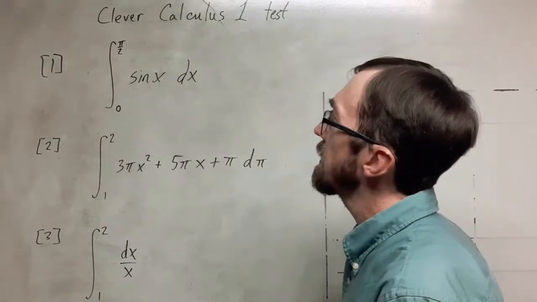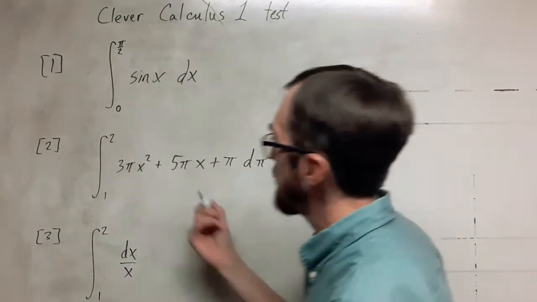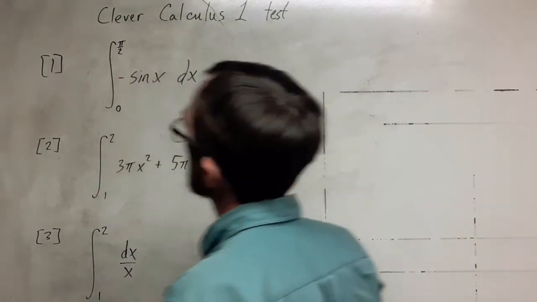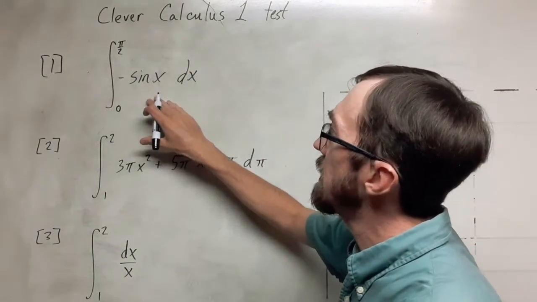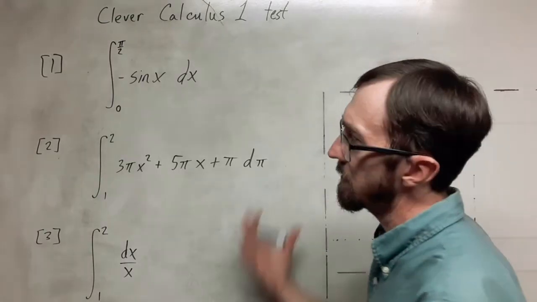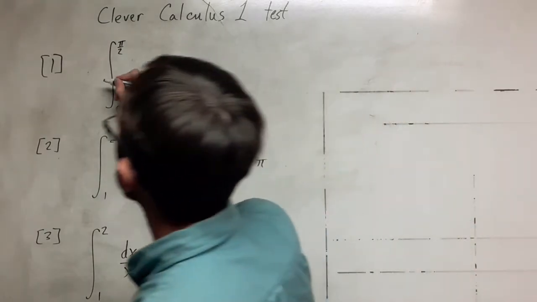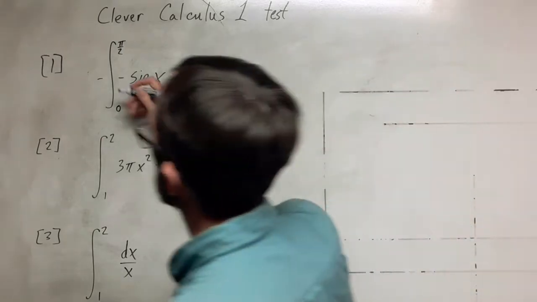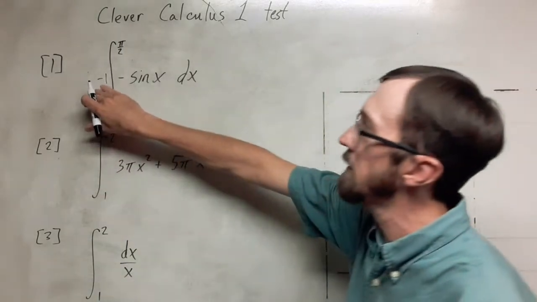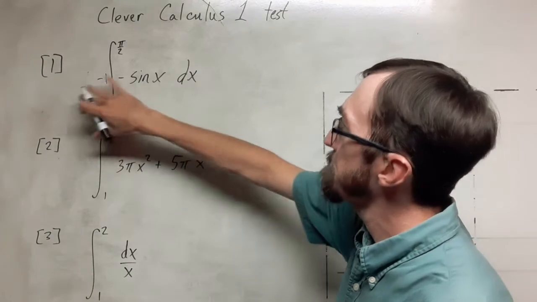We need an adjustment factor. We really want a negative sign, but we can't just add a negative here without some justification. The justification is that we can take two negatives, multiply them together, and make a positive. So we're going to put an adjustment factor of -1 outside here.